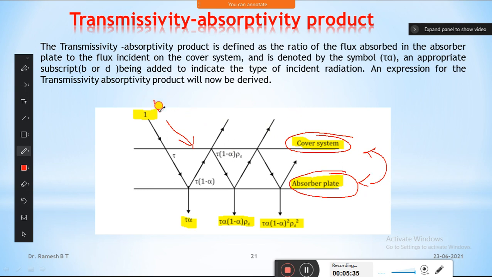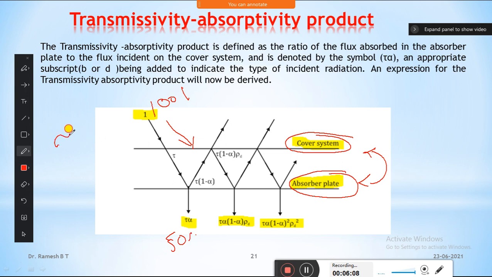Here, if 100% of the radiation falls on this cover system, only 60 to 70% will enter and only 50% will be absorbed. Finally we get only 50%, and the rest is wasted because of reflection, re-reflection and re-radiation.